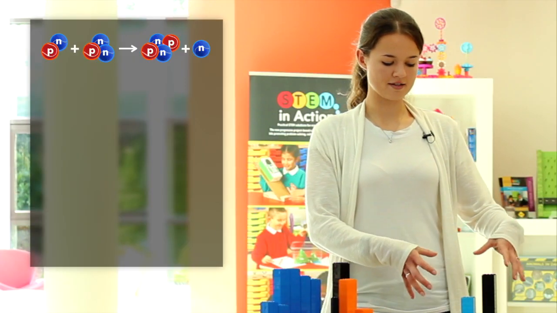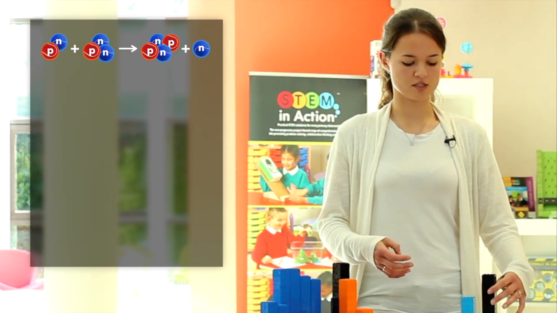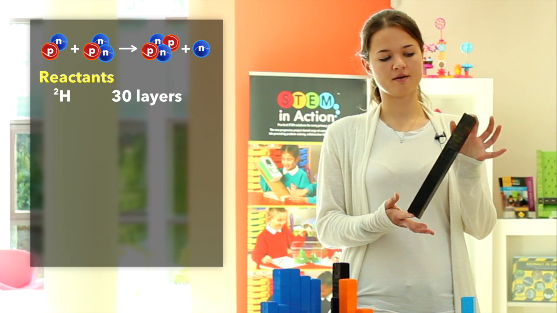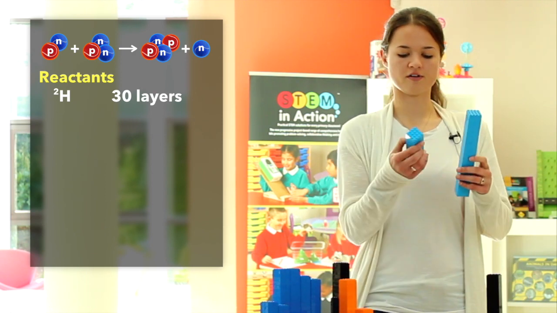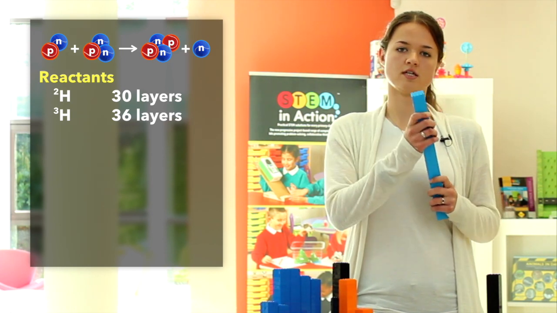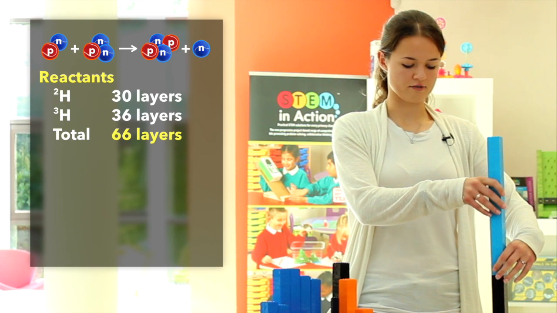By sticking these towers together, we can visualize how much energy is released in the fusion reaction. If we take our deuterium tower of 30 layers and we stick it together with our 1.5 kilograms of tritium, which is a total of 36 layers, that's the energy of our reactants.